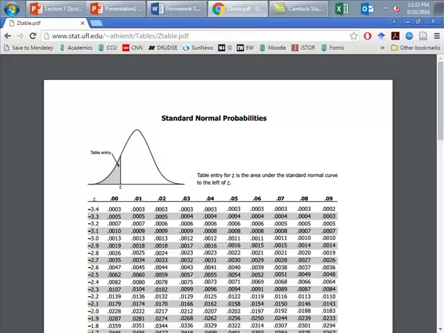On your left-hand side, you have a value of z. Let's start with the positive numbers, 0.0 in the upper, there you go. That's your positive z-scores.